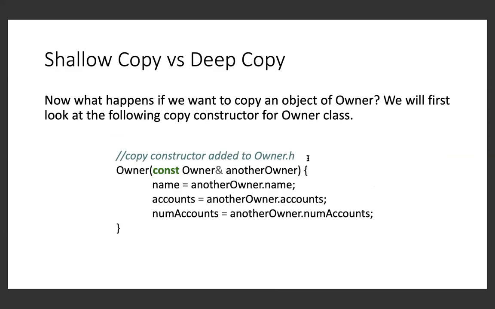Okay, so now we want to make a copy of the owner itself. We're going to start with this basic copy constructor, the copy constructor of owner. As I told you at the beginning, every C++ class has a default constructor, a default copy constructor and a default destructor.